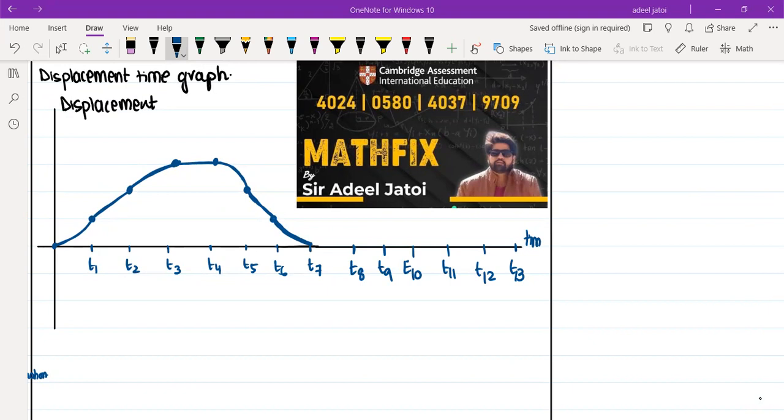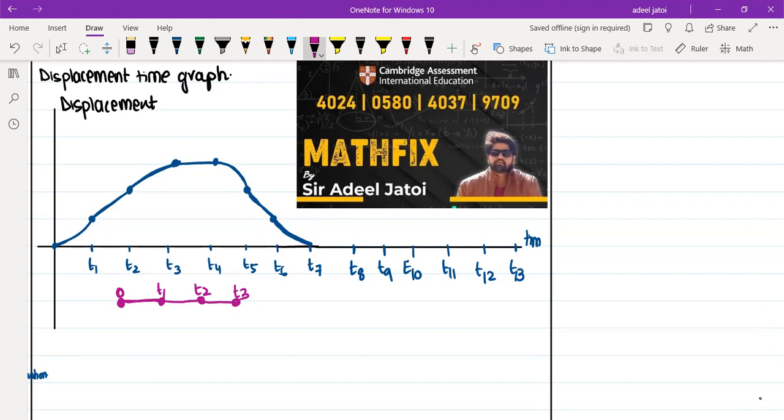So, what do we understand here? Since we are working with the displacement time graph, we are working with the mean position as well. What is exactly the mean position? The start. Suppose from 0, there is an object that is going, that is T1. The body is moving till T2, till T3.